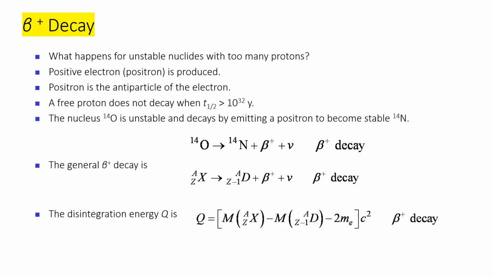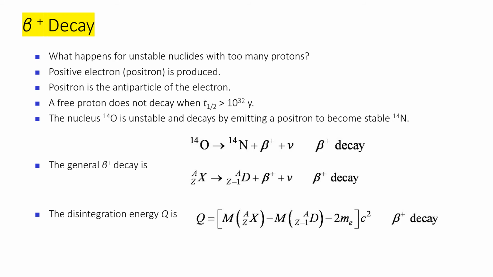You may actually ask what happens for unstable nuclides with too many protons. Nature does allow such a transition, and in such cases, a positive electron, which we call a positron, is produced. So it's a plus e, a positively charged electron.